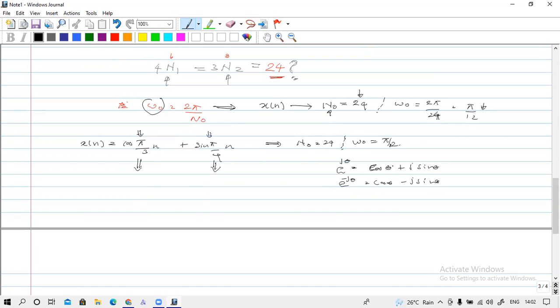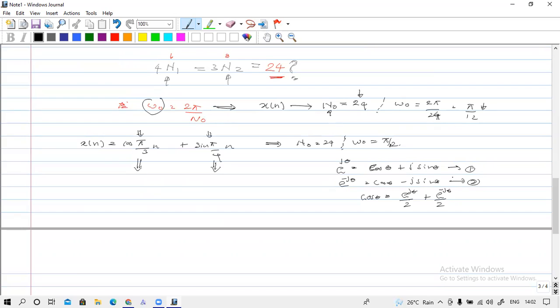If you want to get cos θ, you can just add these two equations. Then the j sin θ cancels out, and you have 2 cos θ equal to e^{jθ} plus e^{-jθ}. Then to find cos θ, you divide by 2, so cos θ is (e^{jθ} plus e^{-jθ}) by 2.